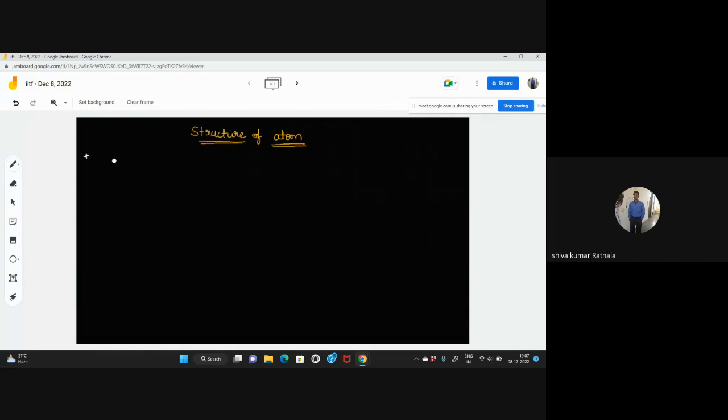So this is according to Dalton's theory, atom is the smallest particle which is indivisible.